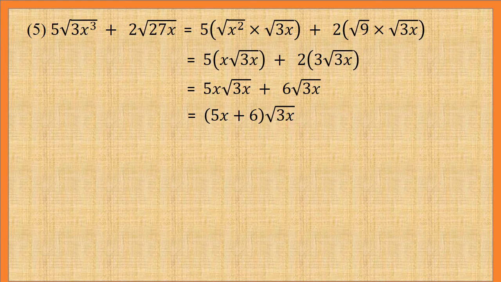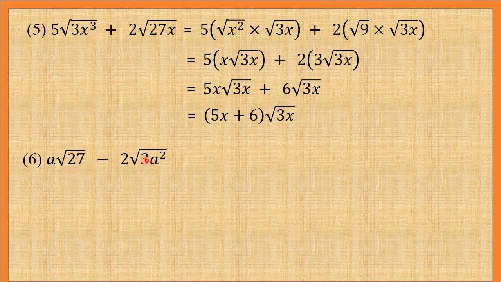For example 6, we have a root of 27 minus 2 root of 3a squared. The radicands are not the same here too, so we have to make sure that they are the same.